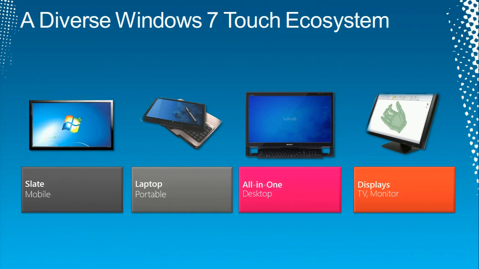Since Windows 7's shipped, they actually built APIs into the operating system. And there's a lot of hardware that actually supports the touch interface today. And there's a lot of kind of buzz around slates and tablets because kind of the phone pushed that interface.